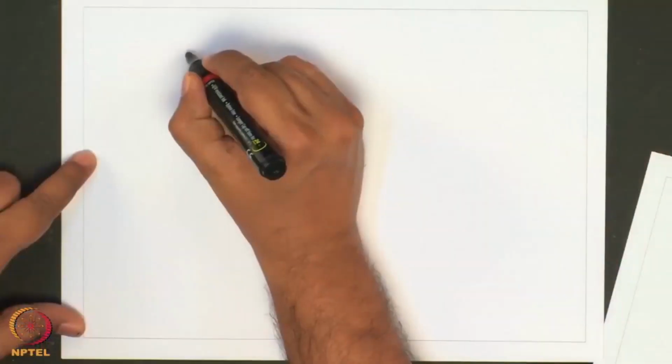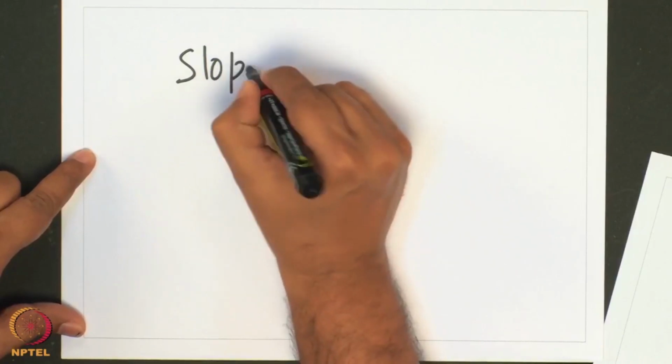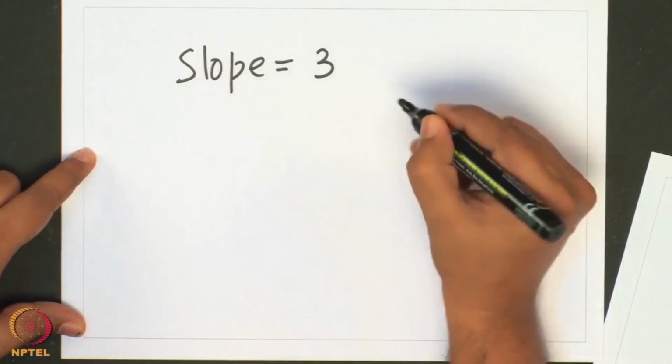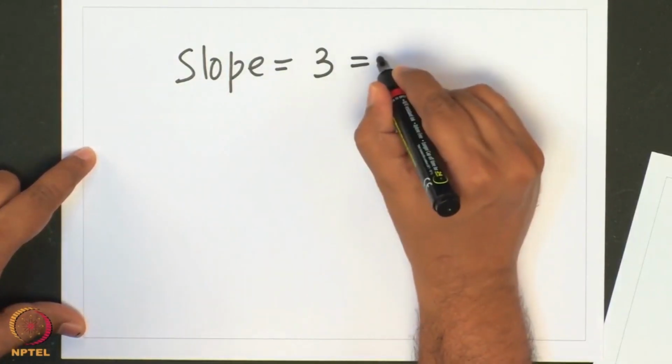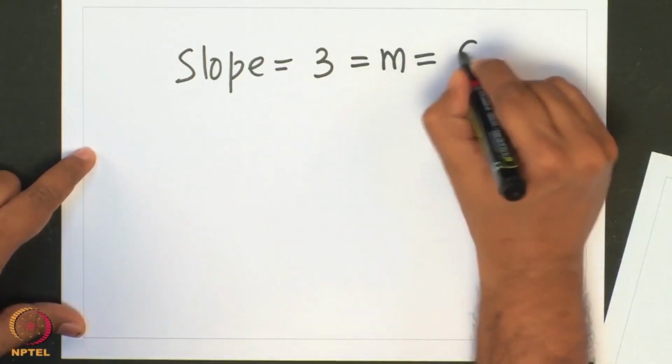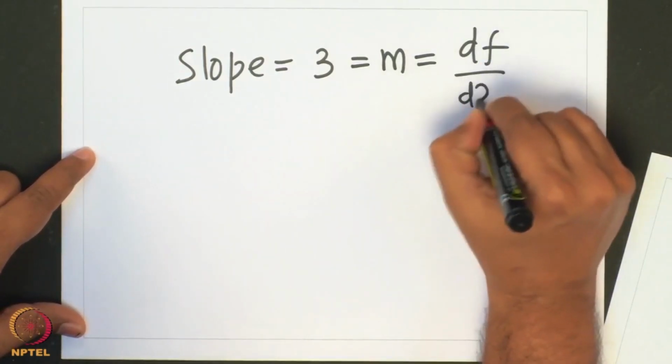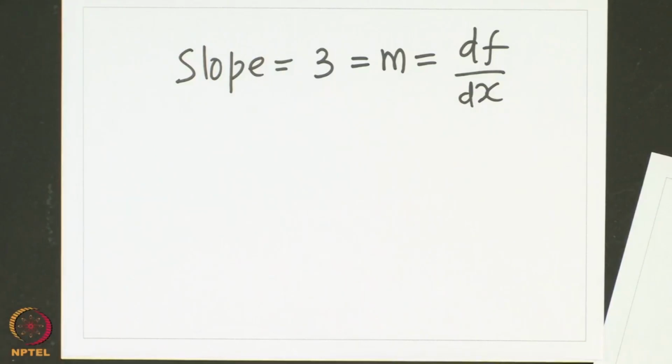So, let us think about this a little bit from whatever we know so far. Let us think of some curve. Let us say we know the slope, and we wanted to draw a function. Let us say the slope is equal to 3, that is, this is m, which is also called df by dx. So, we know the slope, which is a constant, which is 3.